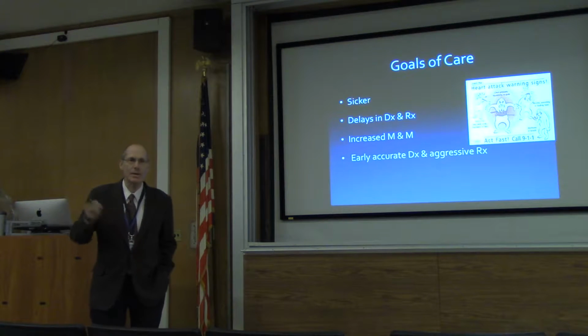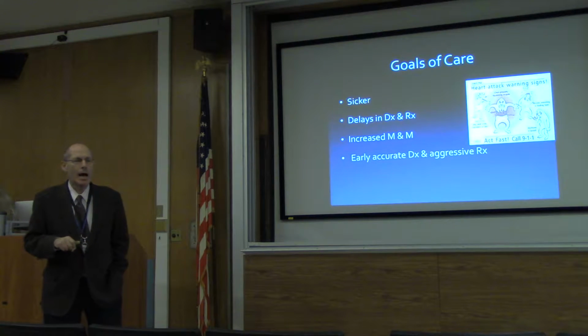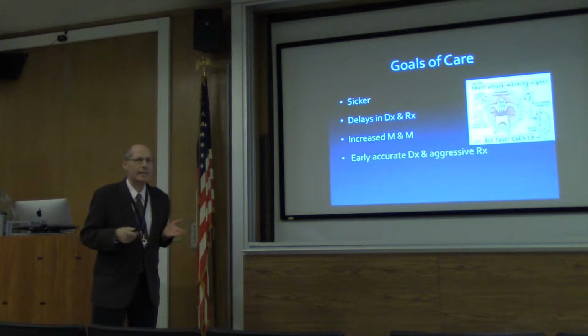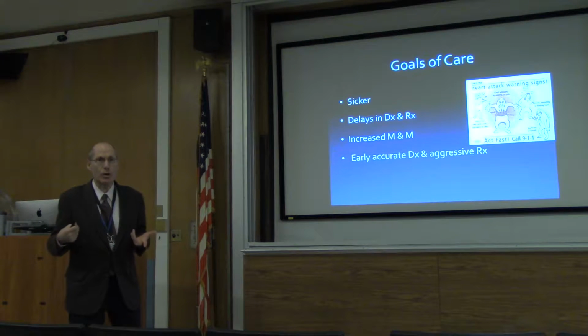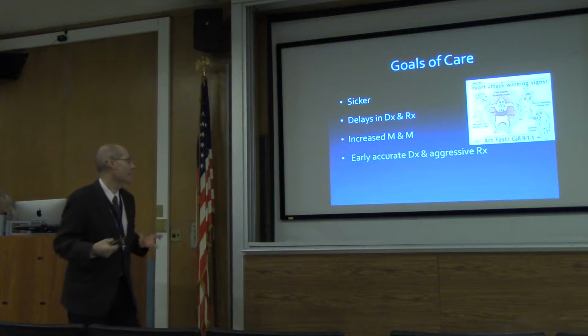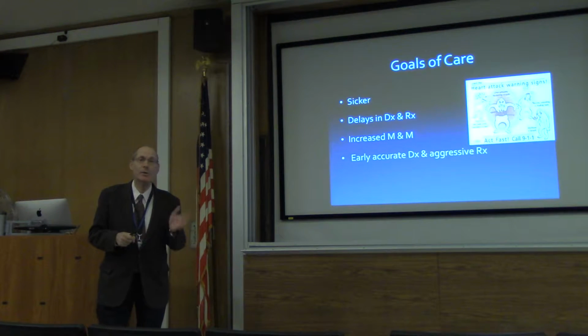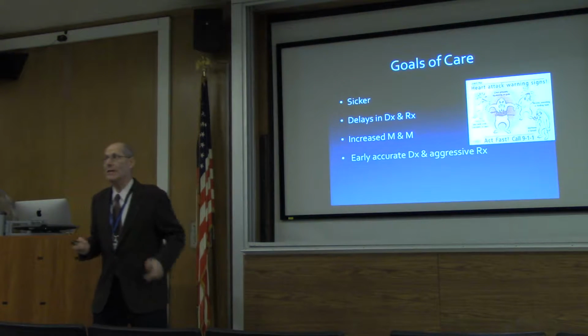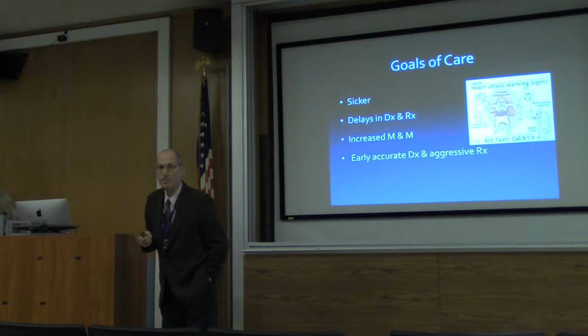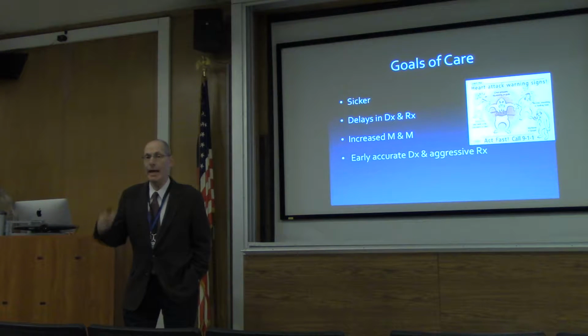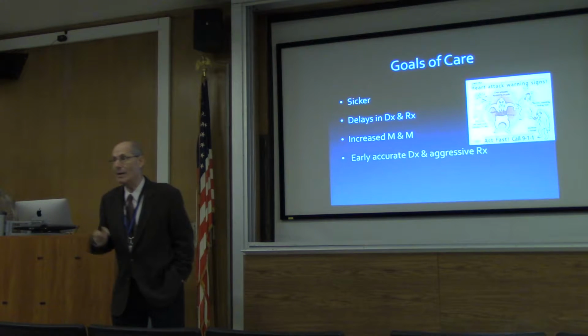So what are our goals of care here in these bad illnesses? Well, just remember that the elderly are sicker and they have less reserve and they're going to decompensate more rapidly. They're going to have sometimes delays in diagnosis and treatment. And in one study, for example, even though, yes, the elderly were sicker and they decompensated more rapidly, the thing that caused more M&M was that the diagnosis wasn't made readily and they didn't get aggressive enough treatment.